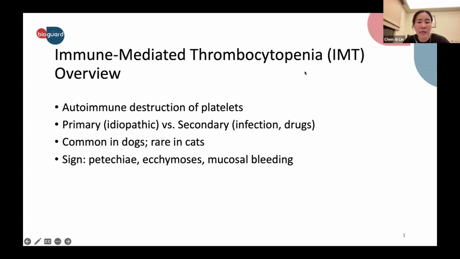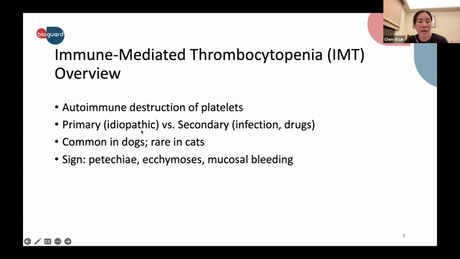If we want to know more about ITP, we can start from the pathogenesis. Basically, there are two kinds of ITP, primary versus secondary.